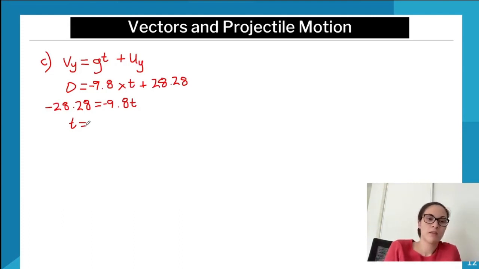So negative 28.28 divided by negative 9.8, that's going to be 2.8, I'm going to round it to 2.9 seconds, 2.89 I should say. Always round to 2 decimal places if they don't specify what you need.